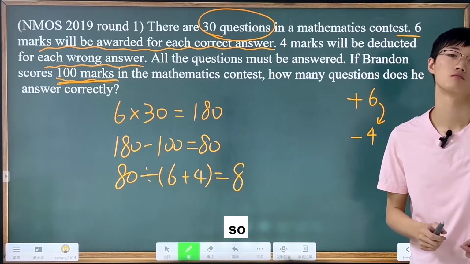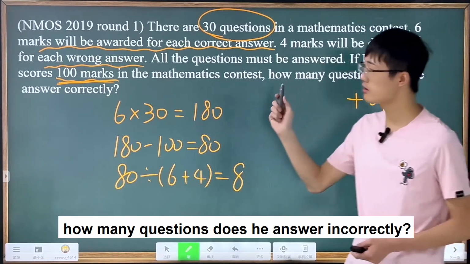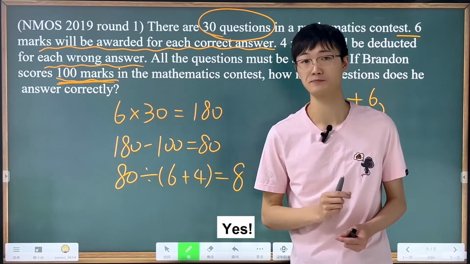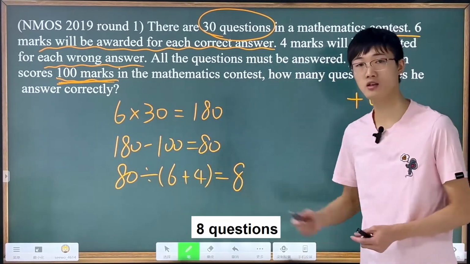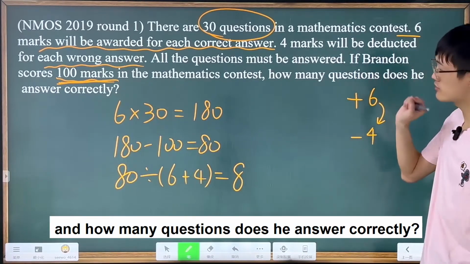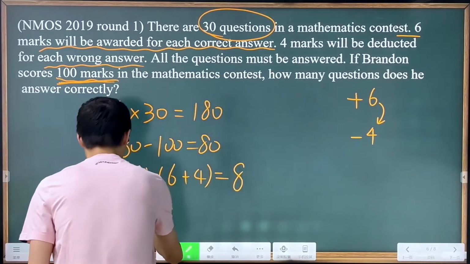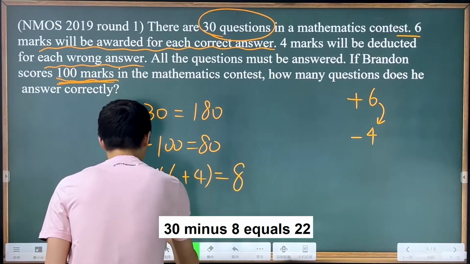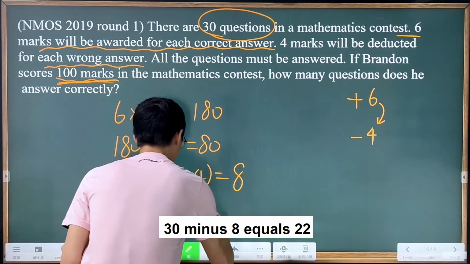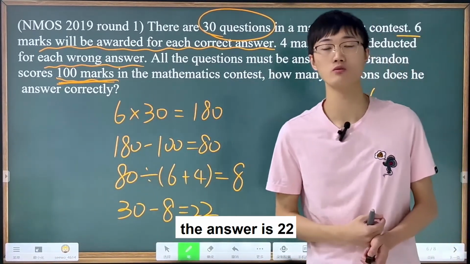So, how many questions does he answer incorrectly? Yes, 8 questions. So, how many questions did he answer correctly? 30 minus 8 equals 22. So, the answer is 22.